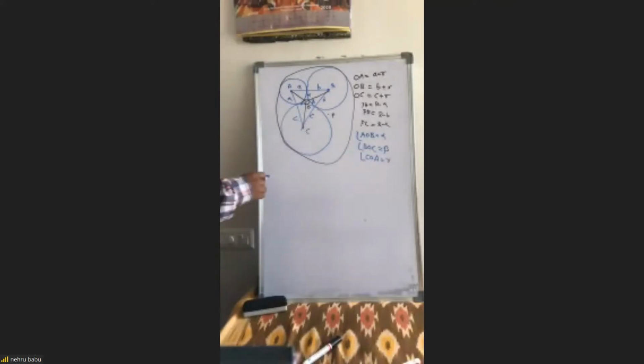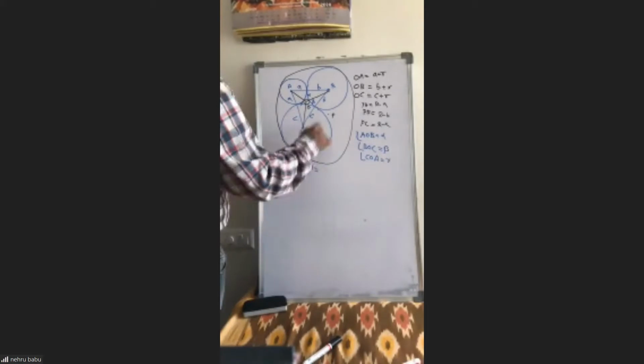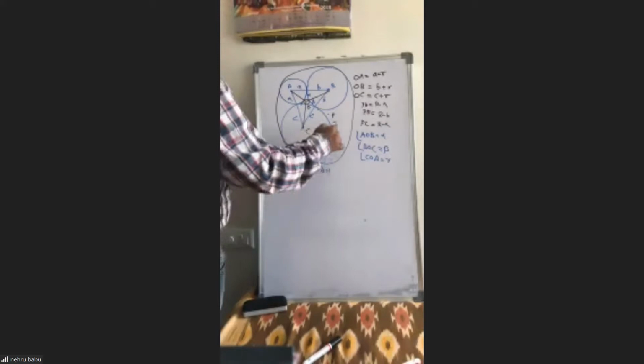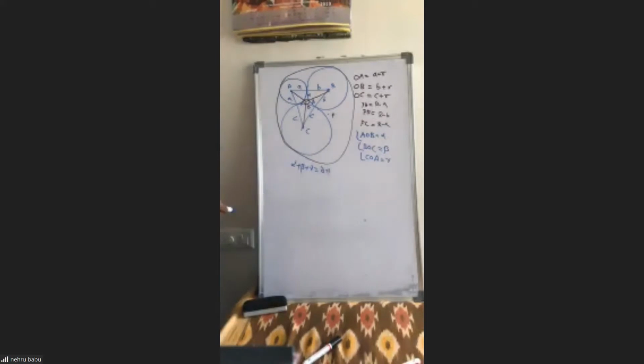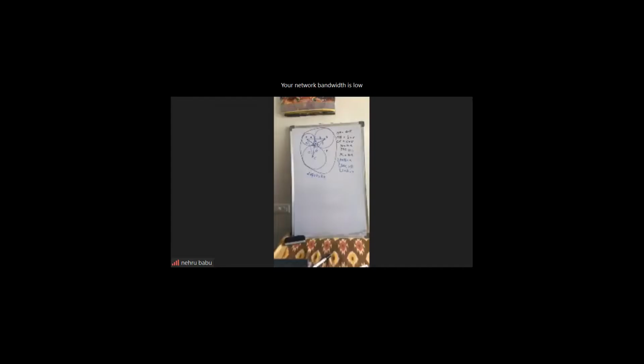If you assume like this, then what you get is alpha plus beta plus gamma equals 2 pi. Even from P, if you join also, you get the same type of situation and the same result. I am forming only one equation here, but even if you take P, you get the same type of equation. I will say how. So alpha plus beta plus gamma equals 2 pi means alpha plus beta equals 2 pi minus gamma.